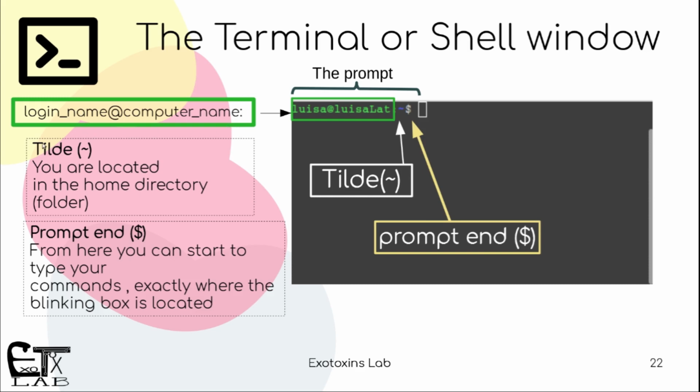And then we have what is called the tilde, which is this little symbol here that tells you that you're located in the home directory. And then you have the prompt end, that is usually a $ sign. I've seen sometimes a prompt end with a greater-than sign, depending on what computer you have. And the last part of the prompt is the blinking box, which is where you will write your commands.